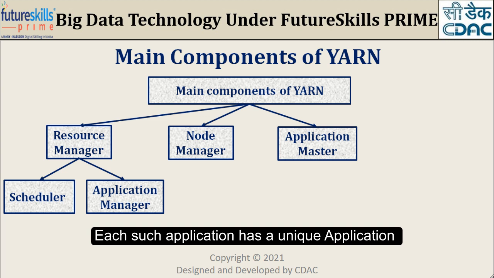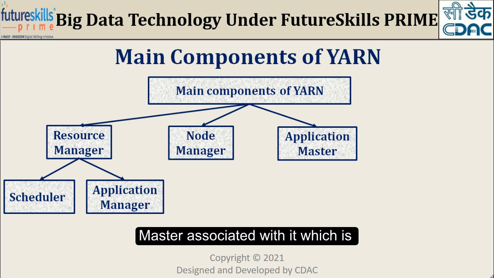Each such application has a unique application master associated with it, which is a framework-specific entity. It is the process that coordinates an application's execution in the cluster and also manages faults.